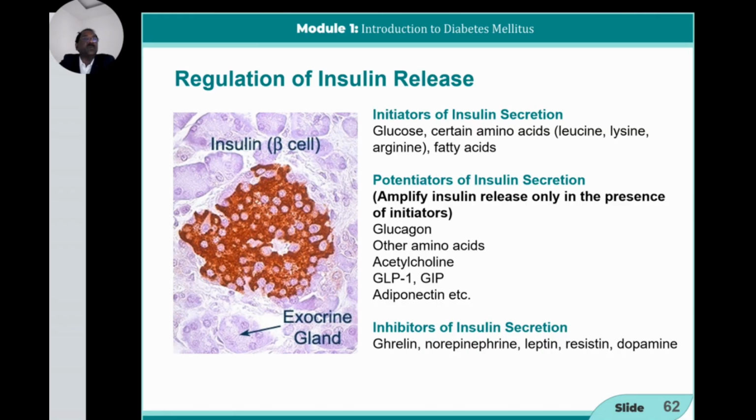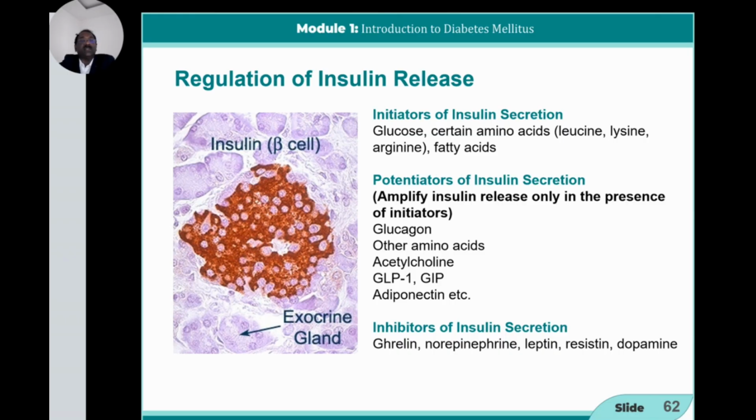Suppose you are taking more glucose, more rice, more wheat, more sweets, what happens to your insulin levels? They will go up, because they stimulate. Suppose you are taking more fat, what happens to your insulin levels? Again, they will go up. The fatty acids also stimulate the pancreas to release more and more insulin, so you will have more and more hyperinsulinemia.